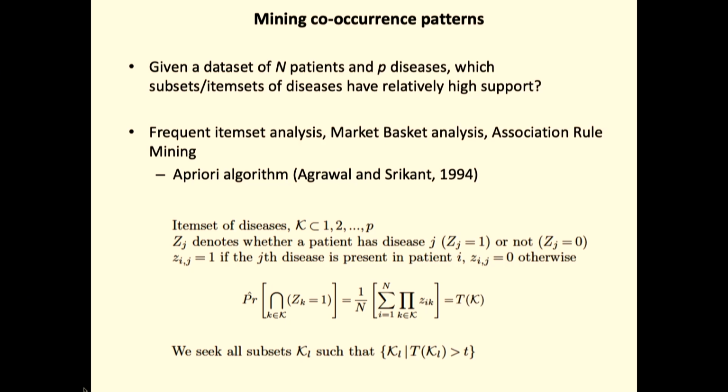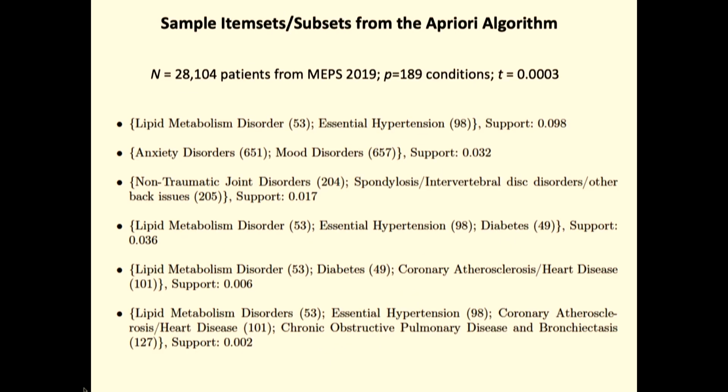If we keep this threshold too large, then we won't actually see those chronic condition combinations. So we want to keep that threshold somewhat small in this particular setting. That's why I call it relatively high support. So let's look at what data we use for this. We used the 2019 Medical Expenditure Panel Survey. Our binary data set was 28,104 patients, and we had 189 diseases.